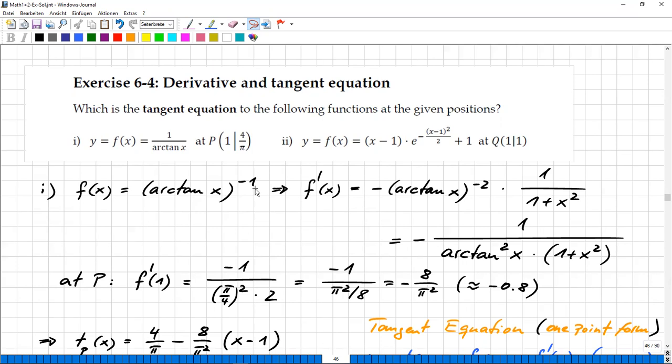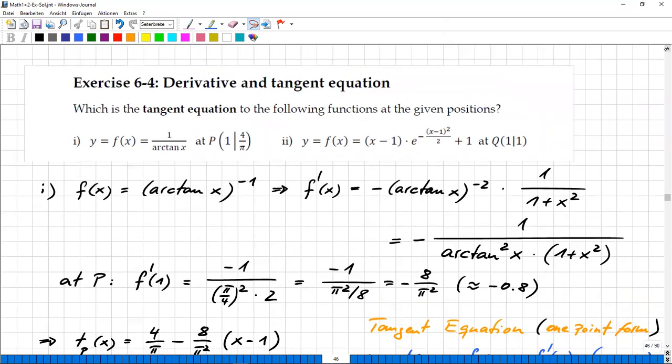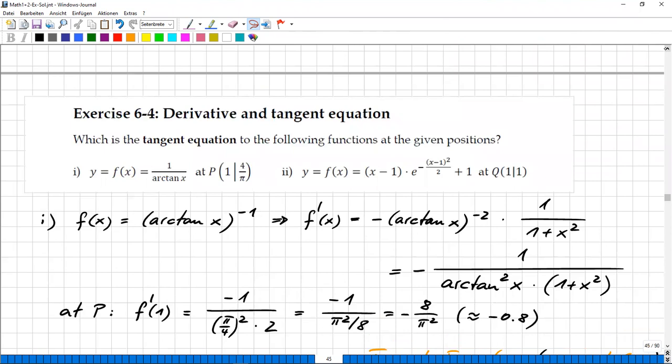And then I still have to apply the chain rule by multiplying the inner derivative. Now, for your information, this is knowledge out of the handbook, which I suppose you have seen before, so I can just use it without putting it down again.